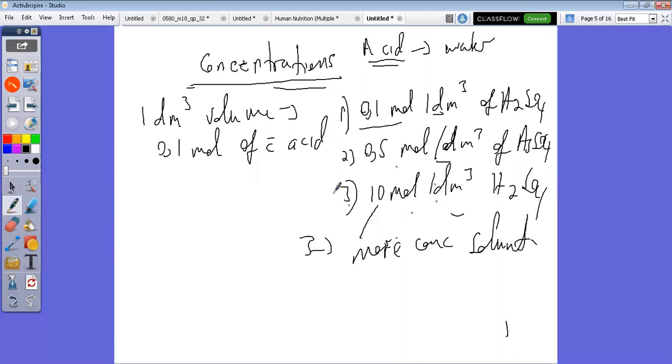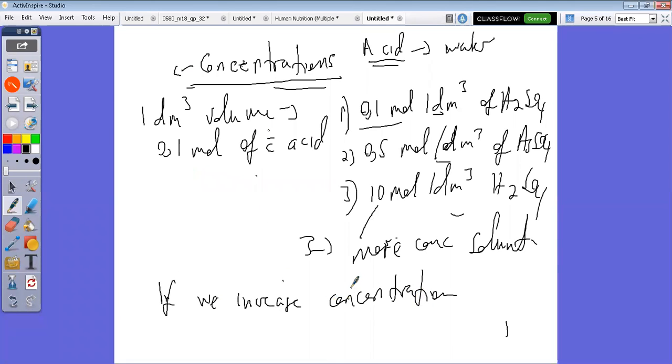Because it has more moles per unit volume. Are we together? So how does this affect the rate?